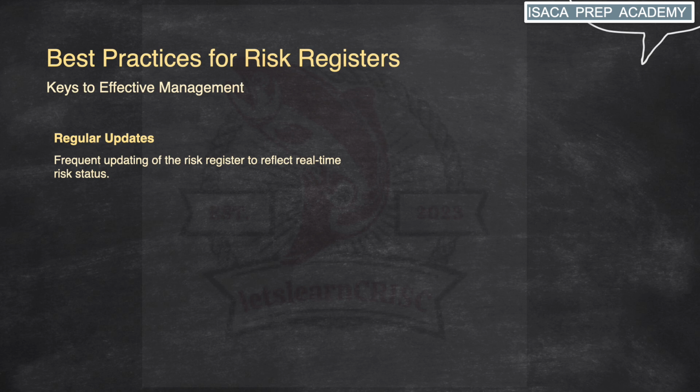Friends, additionally, regular updates to the risk register enable company XYZ to track the progress of risk mitigation activities and monitor the effectiveness of implemented controls over time. This iterative approach to risk management ensures that the organization remains agile and responsive to evolving risk factors, thereby enhancing its ability to proactively manage risk and protect its interests.